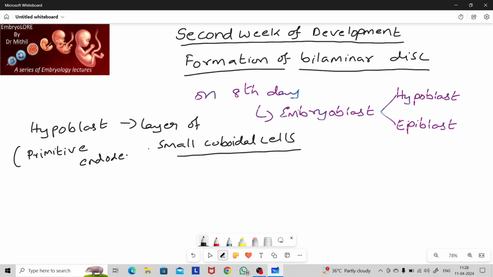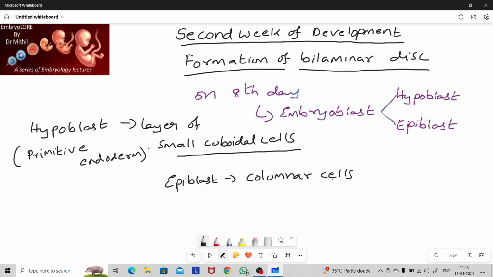And then the epiblast, the second layer, is lined by columnar cells, towards the embryonic pole.